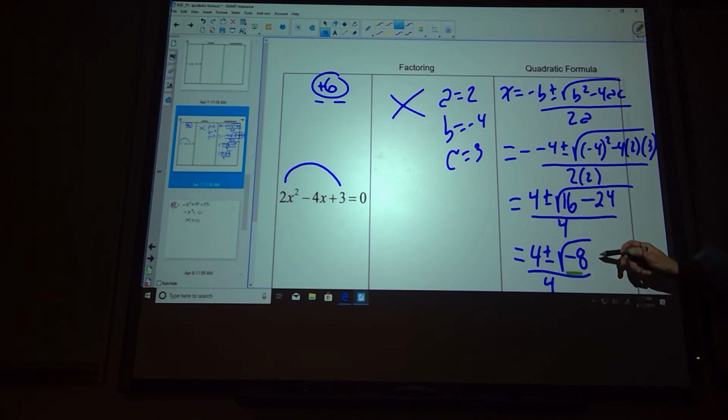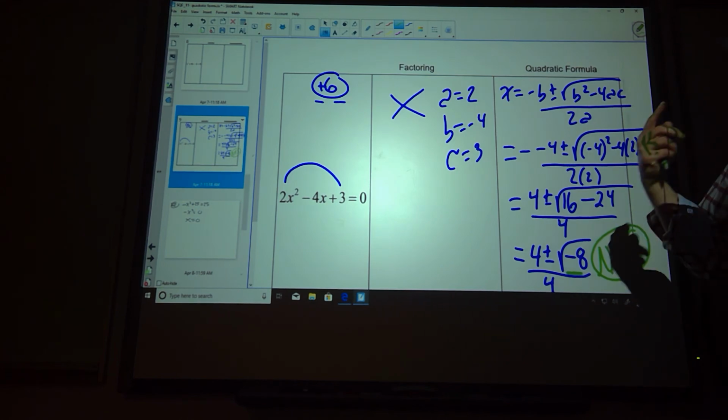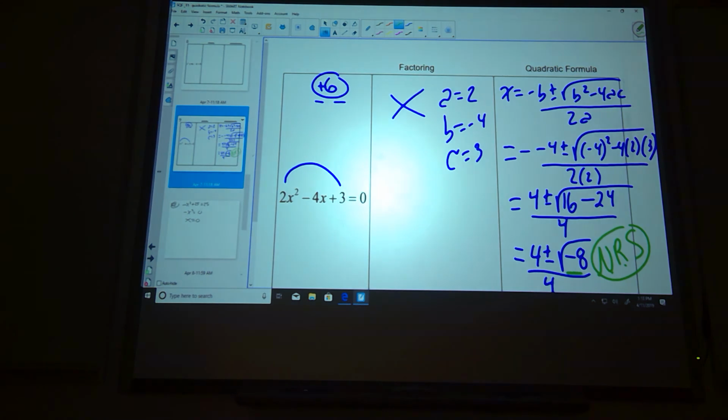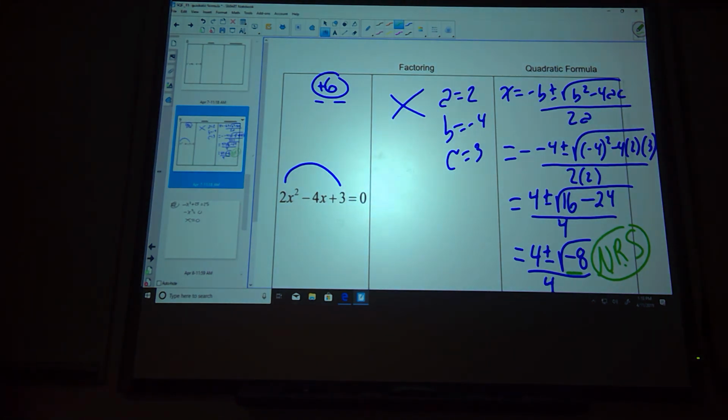So what you need to put is NRS. That stands for no real solution. Real being the number system. Square roots of negative numbers don't exist in the real number system.